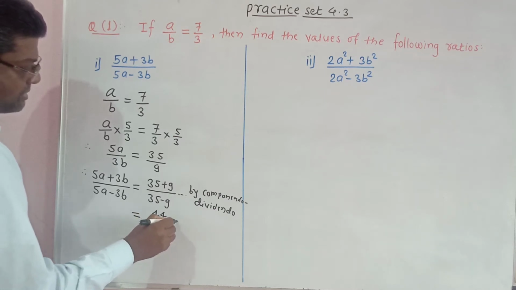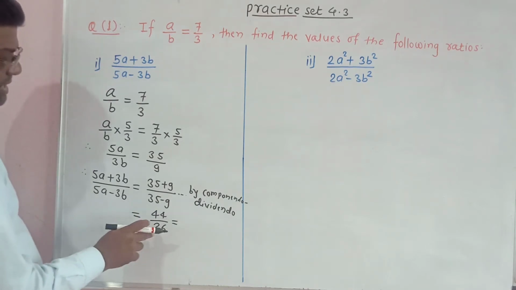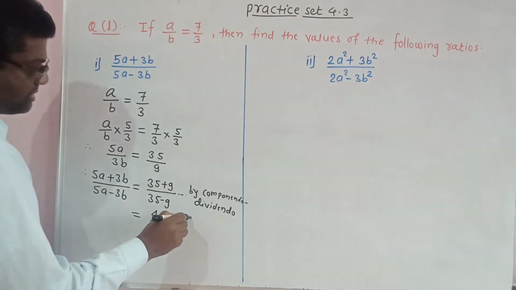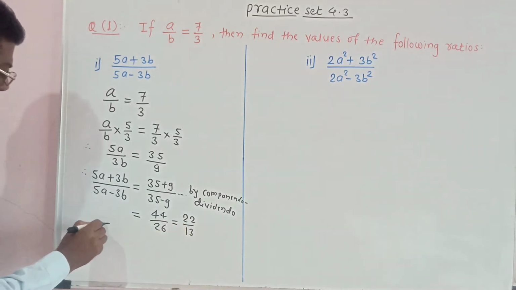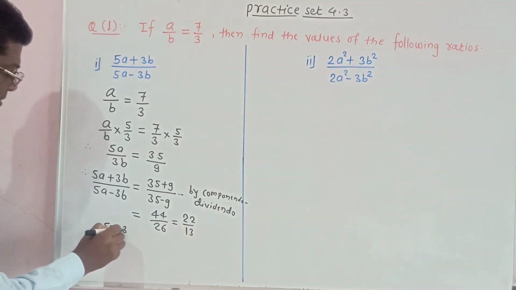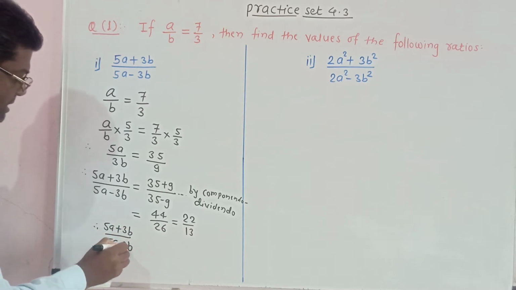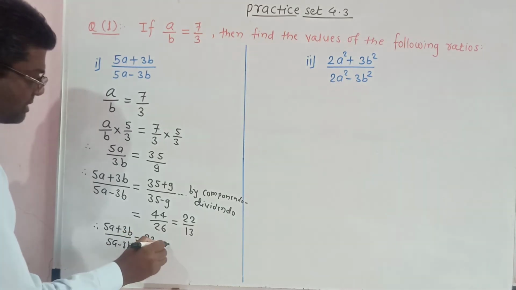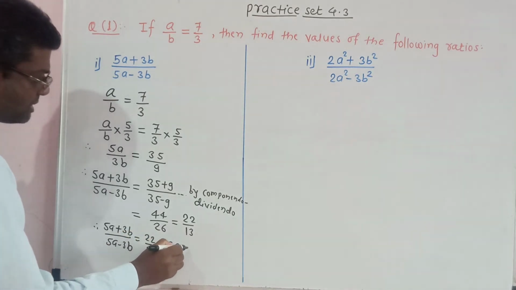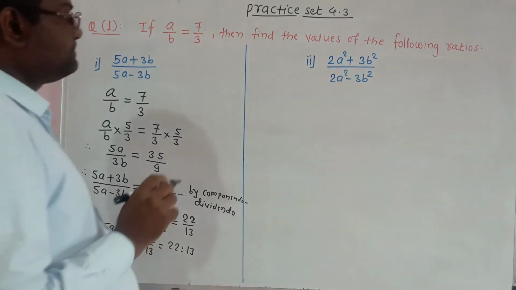Therefore if we divide the numerator and denominator by 2, we get 22 upon 13. Therefore 5A plus 3B upon 5A minus 3B is equal to 22 upon 13, is equal to 22:13, the required ratio.